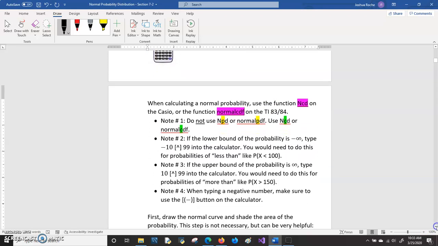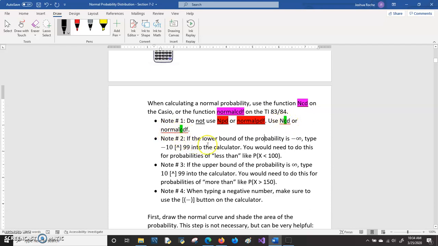And there's a couple things to note. One is that you will not use NPD or normal PDF. Instead, you're only going to be using NCD and normal CDF.